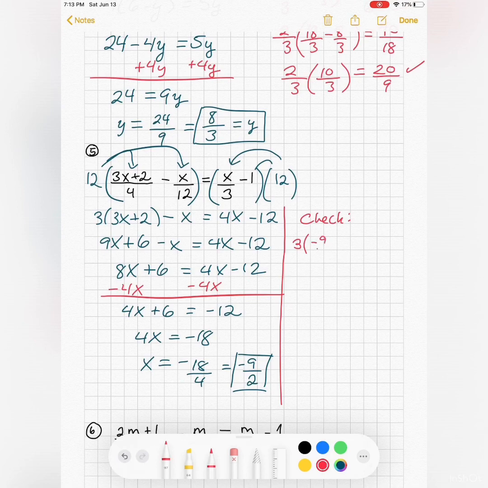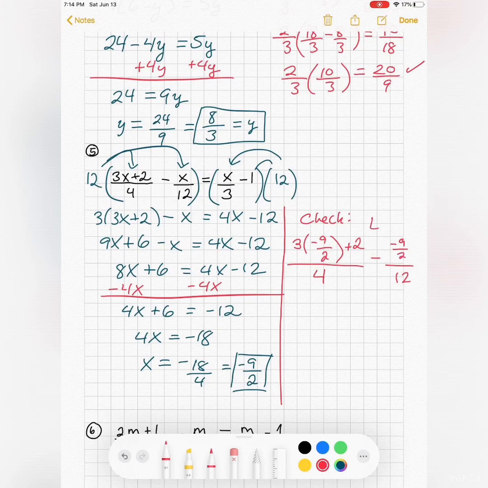Let's see, 3 times x plus 2 over 4 minus x over 12.